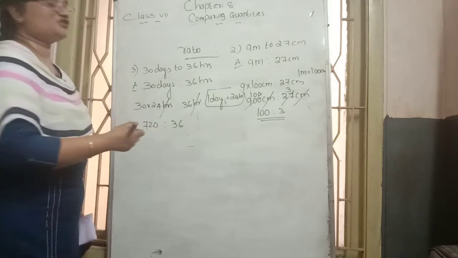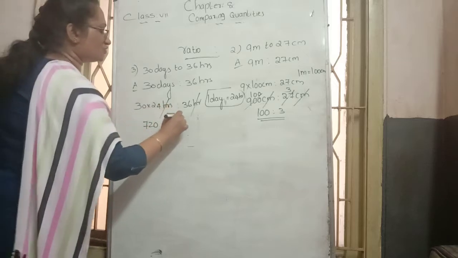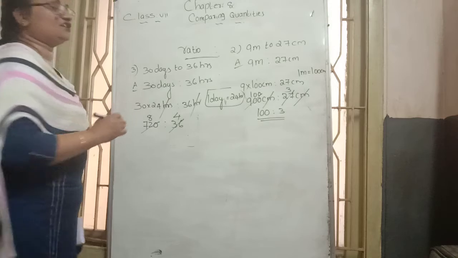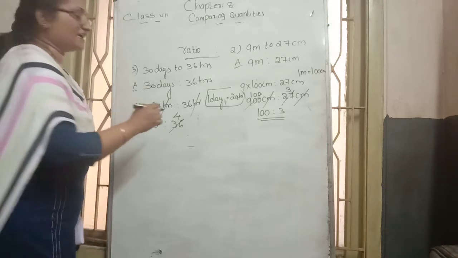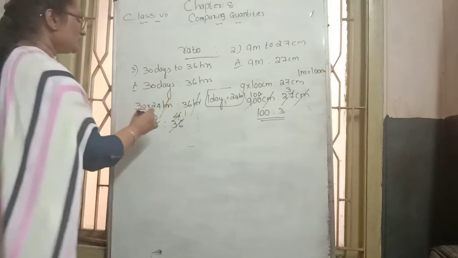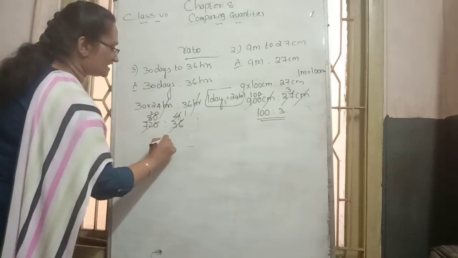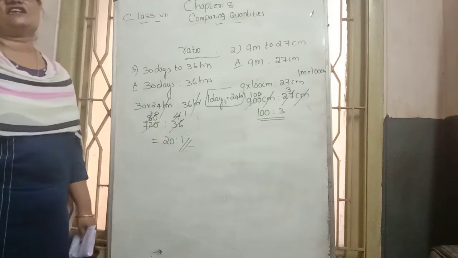The 9 table you can choose. In the 9 table, 9 4s are 36. 72 means 9 8s are 72, but 0 is there. Again cancellation is possible. 4 into 1 comes to be 4, 4 into 20 comes to be 80. So what is the final ratio? 20 is to 1 is the final ratio.